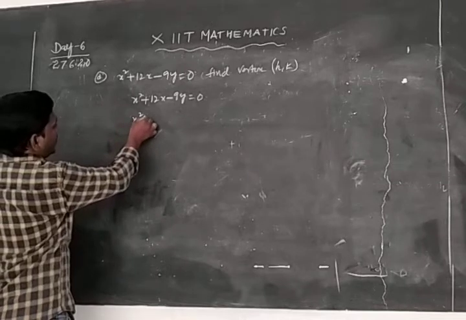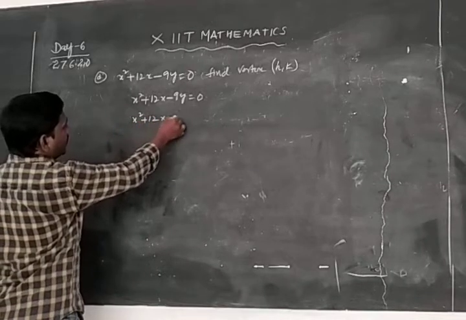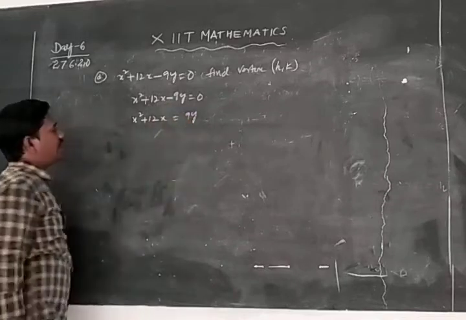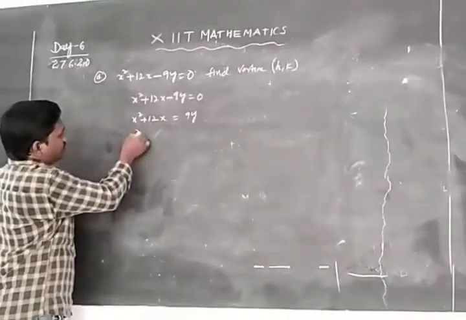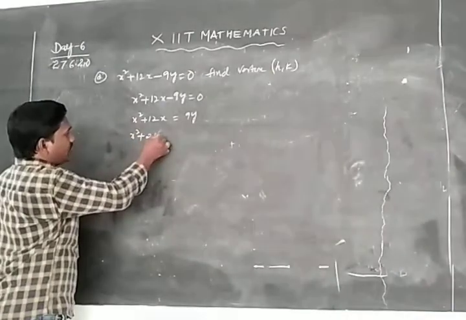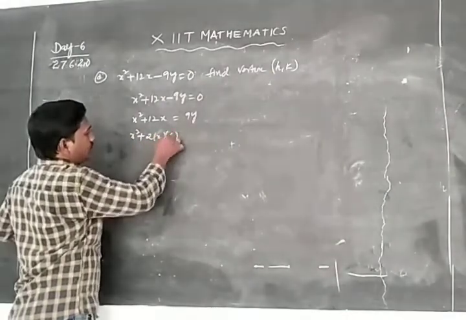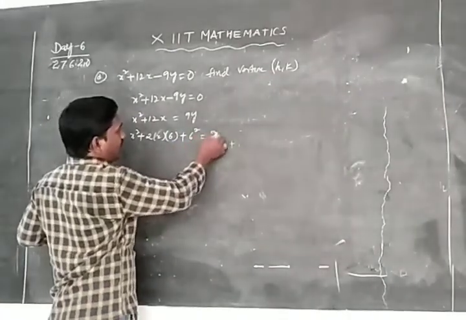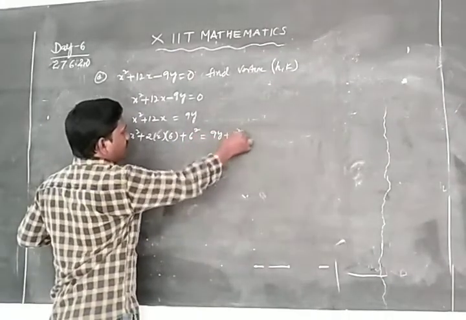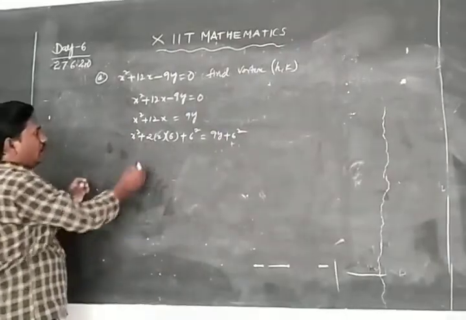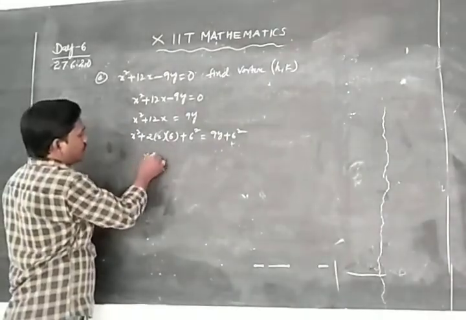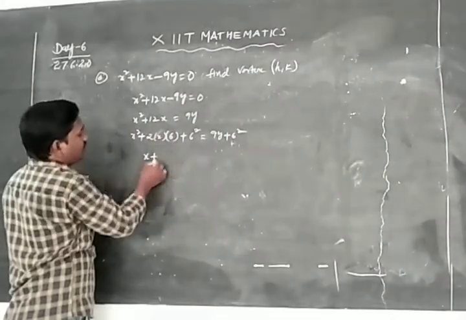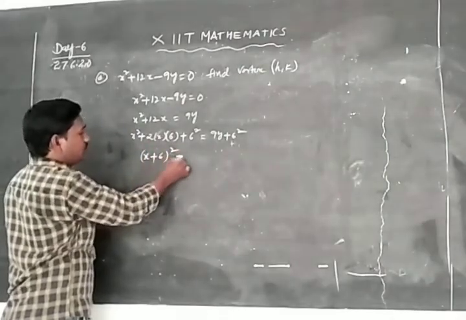X square plus 12x equal to 9y. Minus 9y becomes 9y. X square plus 2 into x into 6, add 6 square: 9y plus 6 square. It is a square plus 2ab plus b square, x plus 6 whole square.